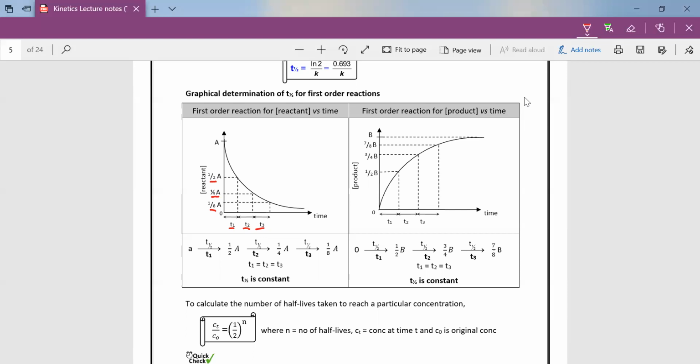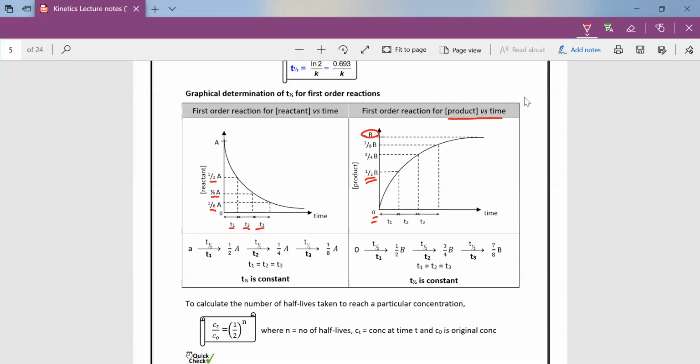You see the same for the product versus time graph, but with a little bit of difference. Instead of starting with the initial concentration, B starts with 0 because it's the product, and then the time taken for it to get to half of what? Half of the final concentration, the final amount that will be produced.